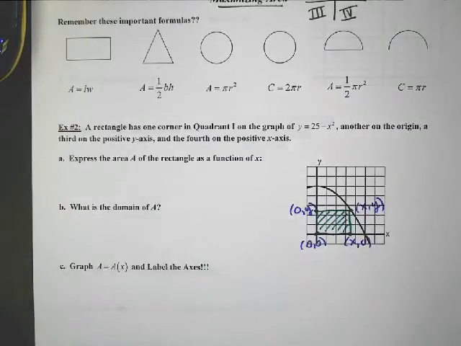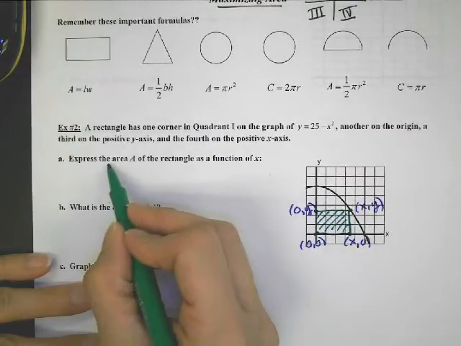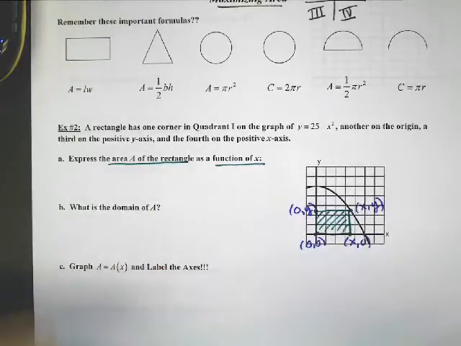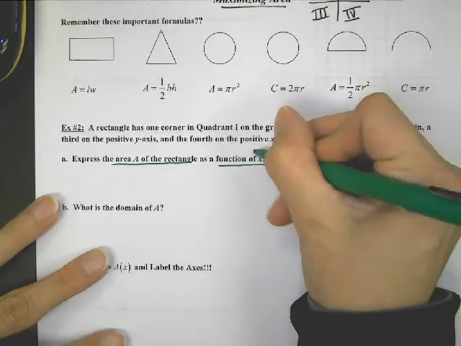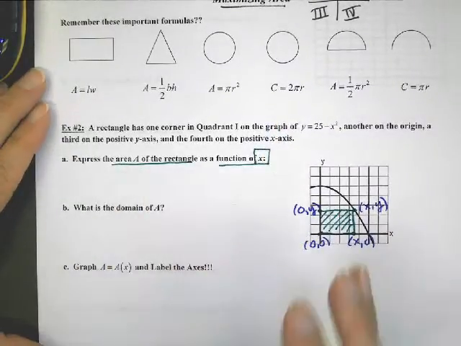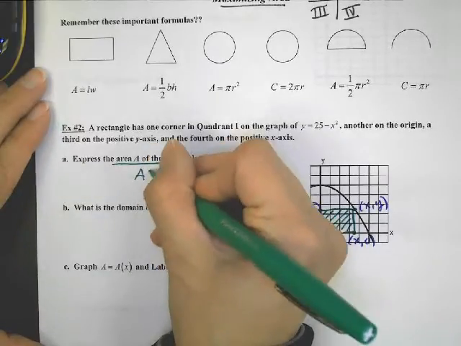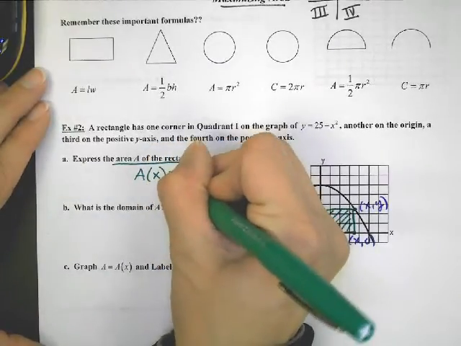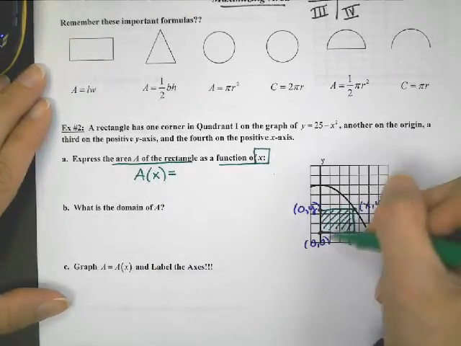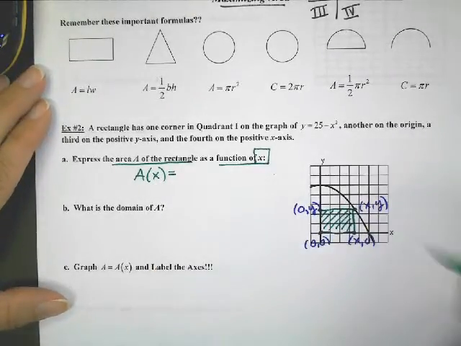Okay, so what we're going to do here is express the area of the rectangle as a function of x. So function notation, okay, it's usually f of x, but they want A. So we're going to call this area A of x. Okay, so it's kind of like writing a y. There's your function notation. And how do you find the area of a rectangle?